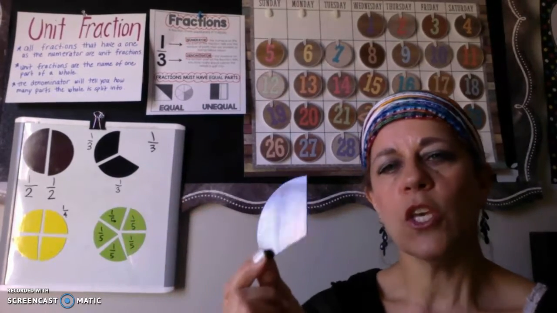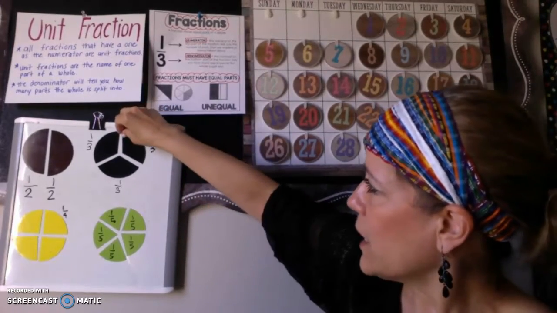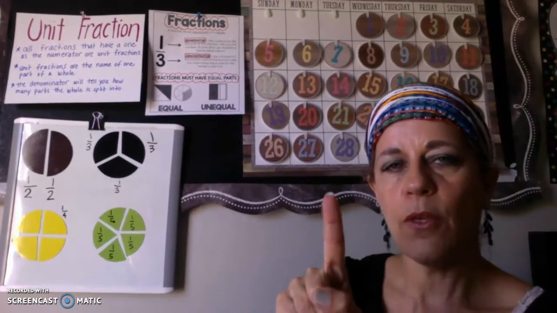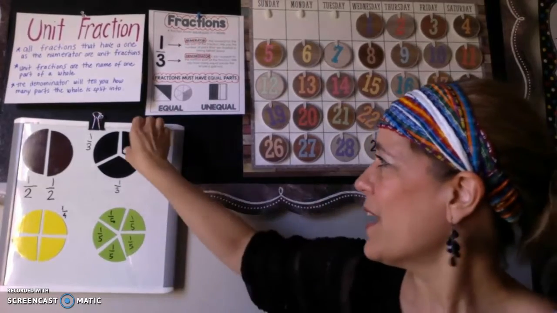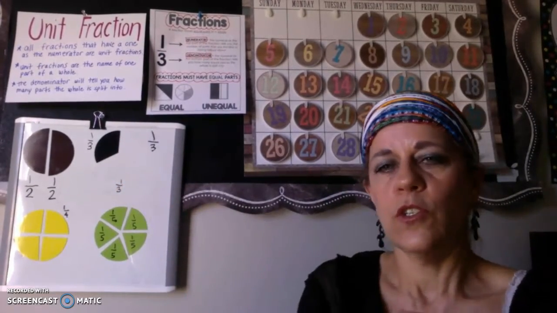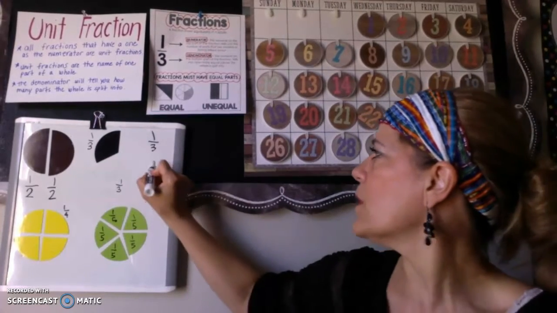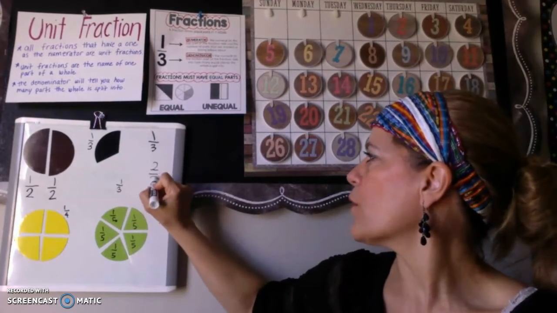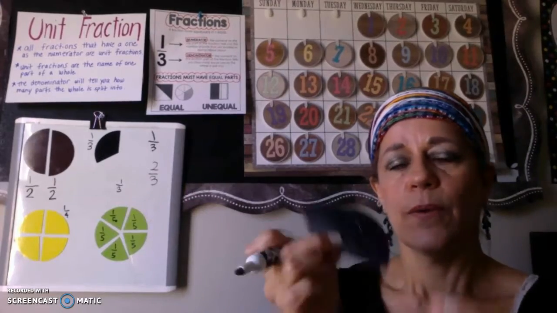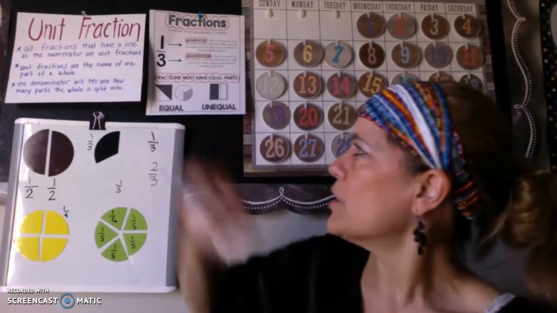That would be a unit fraction because I am saying you have 1/3. If I gave you 2 of these, we would say that I gave you 2/3. Is 2/3 a unit fraction?